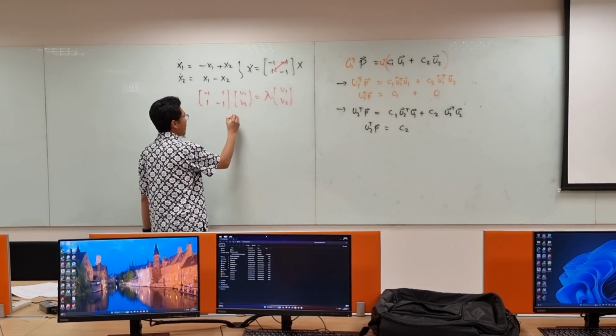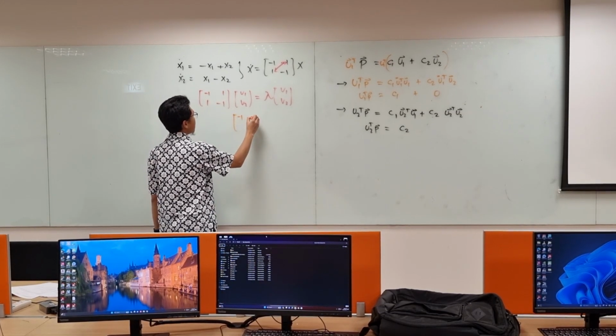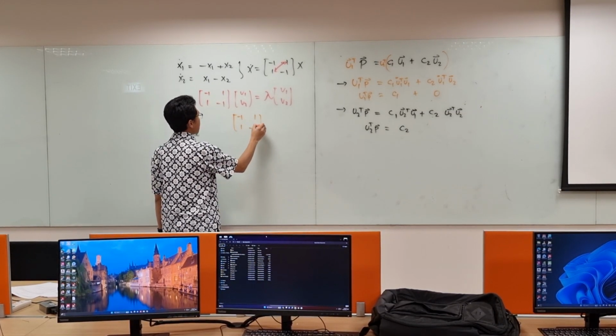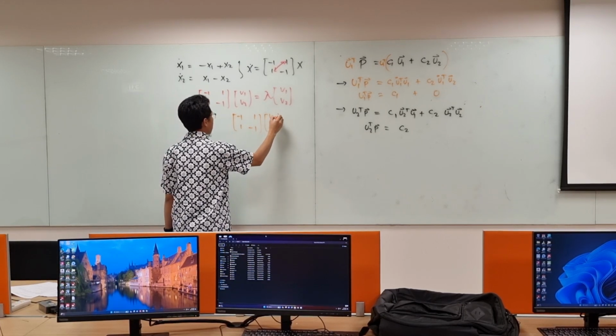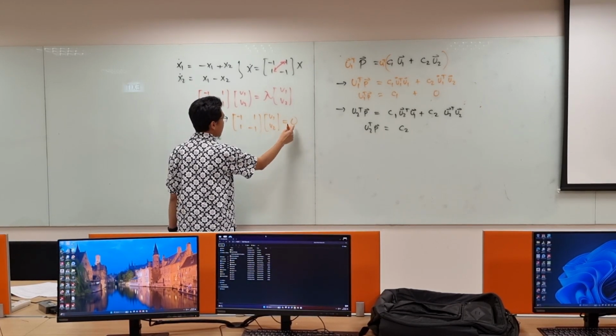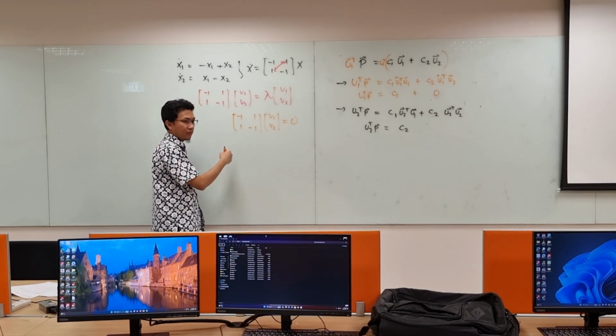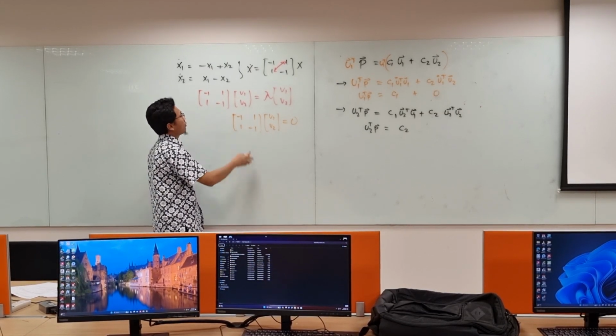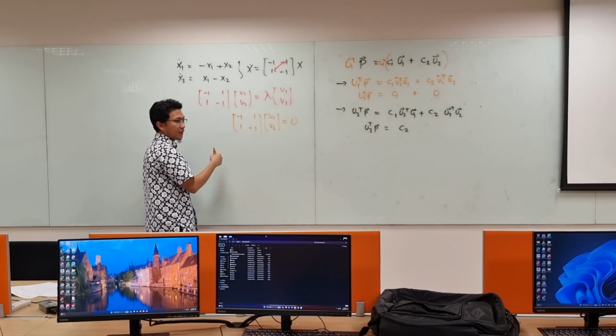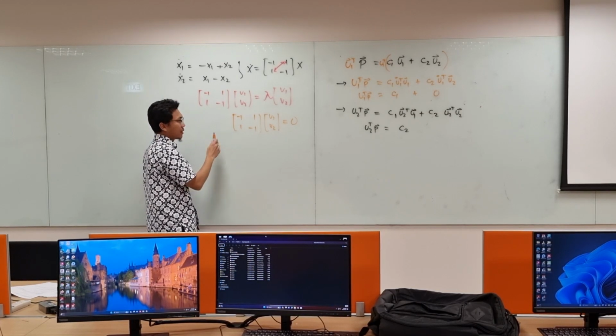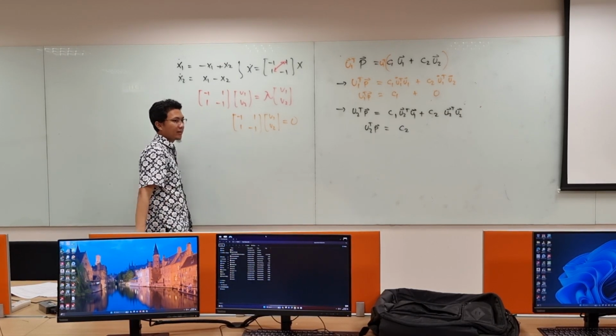There is a solution to this. If you find a solution to this, then 0 is an eigenvalue. Or if you find that this row, or the column, is not linearly independent, then 0 is an eigenvalue.